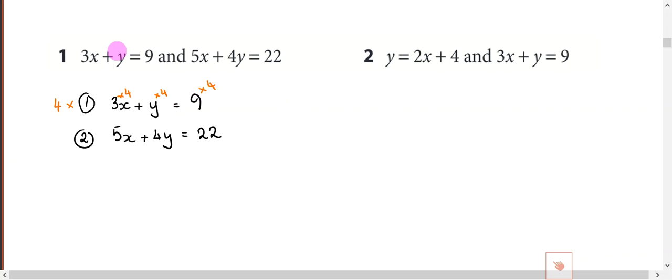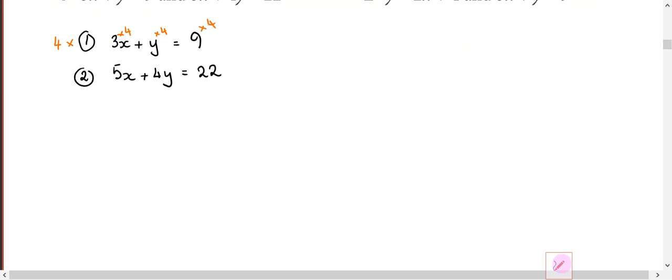Now, it is up to you entirely, but I really suggest you rewrite everything. And we say, right, my new number 1 is now 12x plus 4y equals 36.